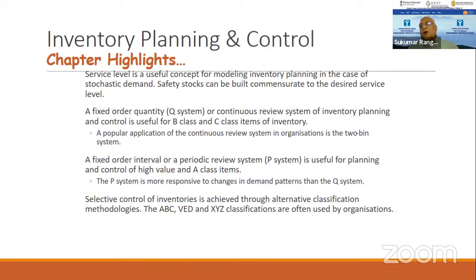XYZ is most costly, medium costly, low value. ABC is different. ABC is based on the number of items having the total value of the things. But I'll tell you one thing. I use an item called palladium chloride. It's just 1 gram in one of my processes.